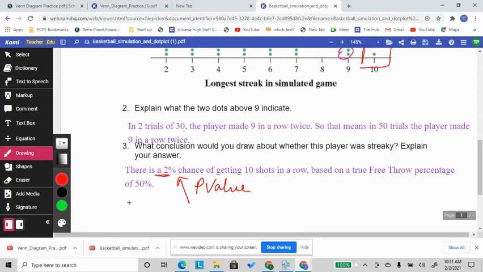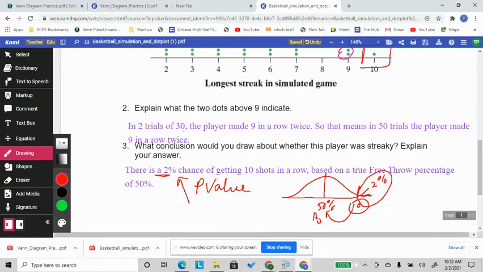It is basically saying if your H0 has a true free throw percentage of 50%, you are only going to get 10 shots in a row 2% of the time. That's what a p-value is. It's just telling you the probability of getting your sample based on your null hypothesis, your H0. Okay, so that's a p-value sentence. There's a little link there between that and your hypothesis testing.